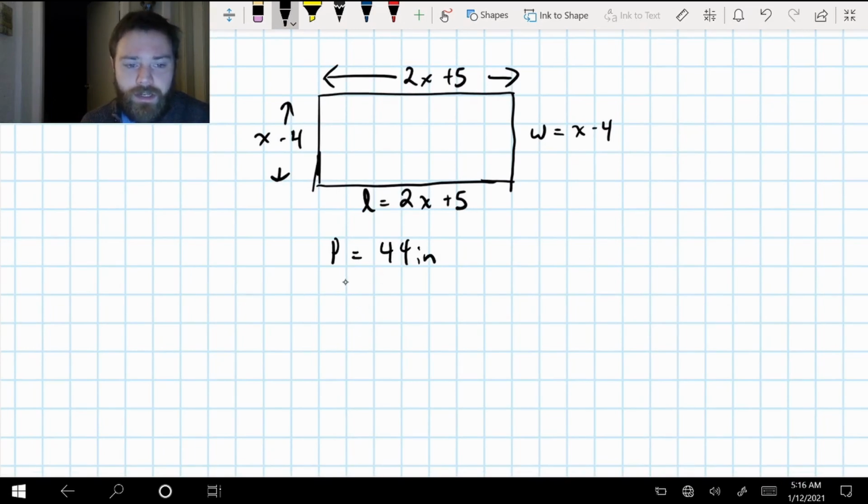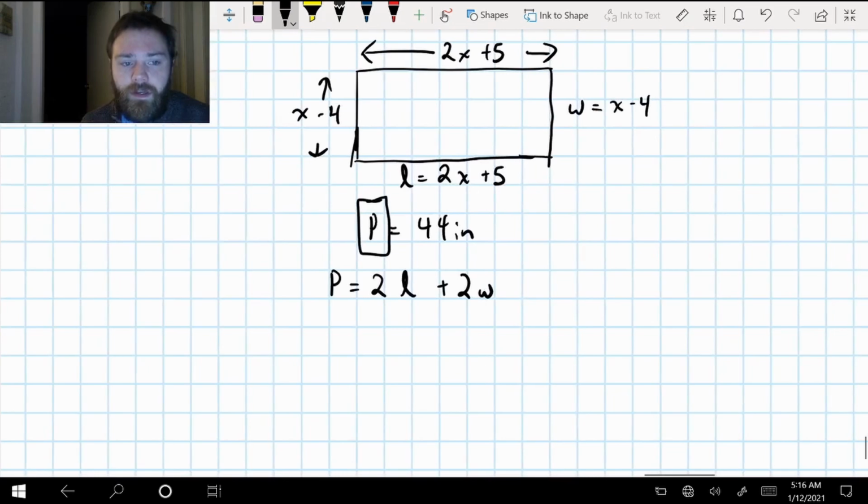So if this is the case, well, I can look up what the formula for perimeter is for a rectangle if I don't know it. If I do know it, then I'm just going to write it out. So the perimeter for a rectangle is twice the length plus twice the width, okay? So 2 times width or 2 times length, or I just add up all the sides.